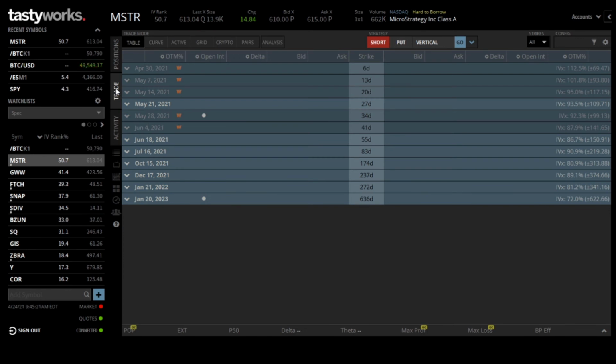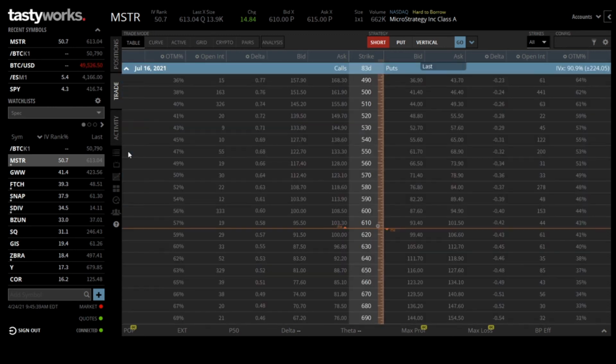If you just wanted to buy 100 shares of MicroStrategy and then sell a covered call, you have choices as to where you can sell it. Let's say for the sake of this example, right now if you wanted to trade MicroStrategy, you have to put out $61,300.